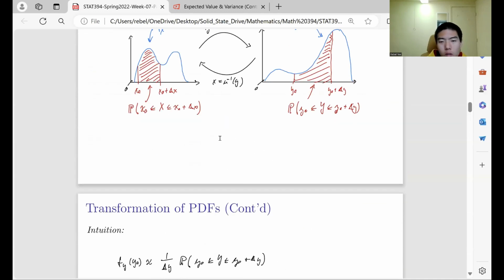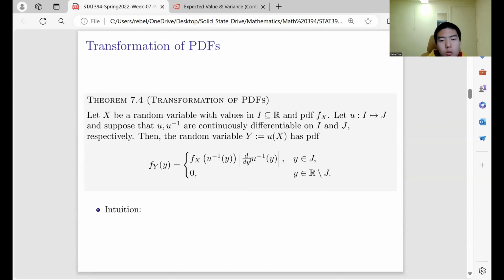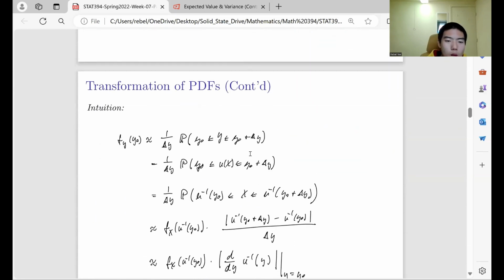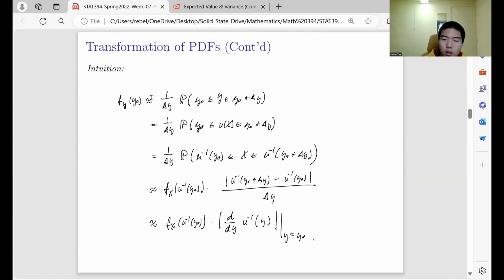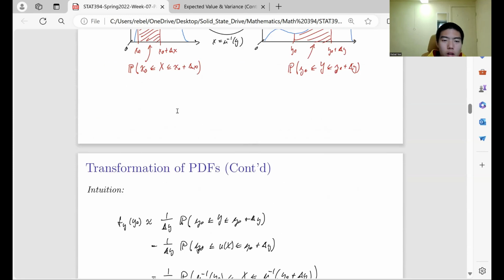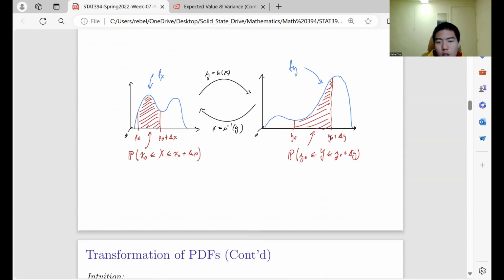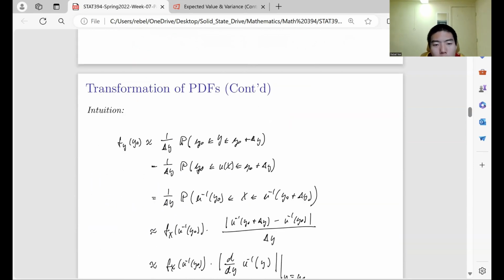If you want a proof of why this is true, let's talk about it. For abbreviation we'll use y instead of y0. First, the PDF of y is 1 over delta y times the probability from y to y plus delta y, because delta y is the estimated region over the probability.